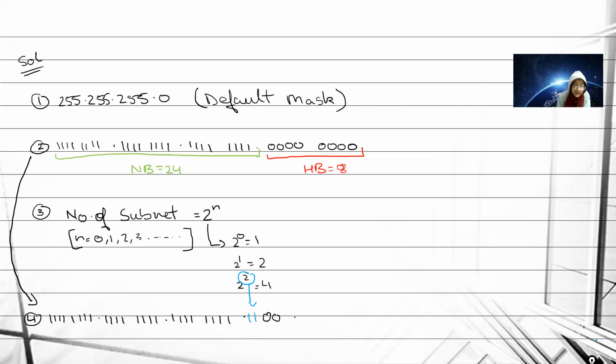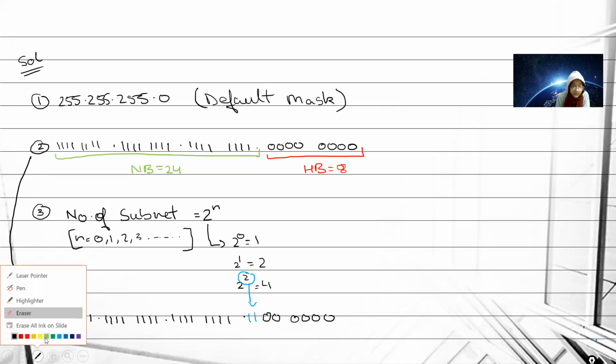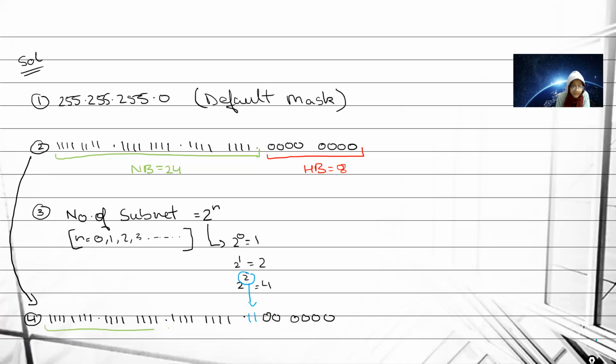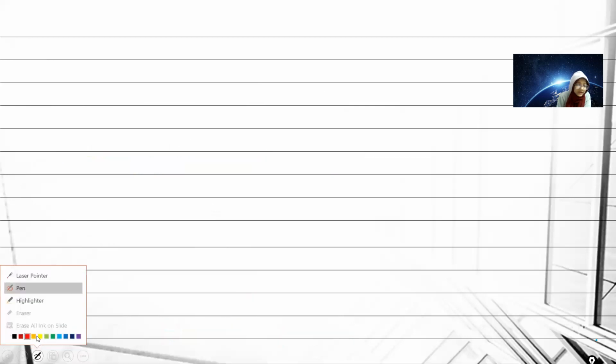The rest of the bits in black are now host bits, and let me classify them. These are our network bits. These are subnetwork bits. And now these are host bits, which are only 6 left. Now we got our subnet mask.